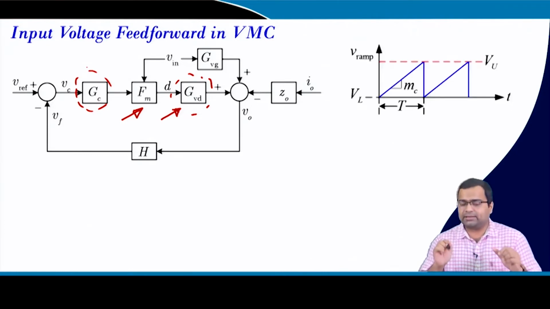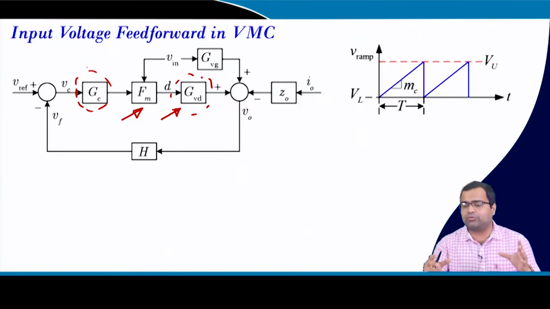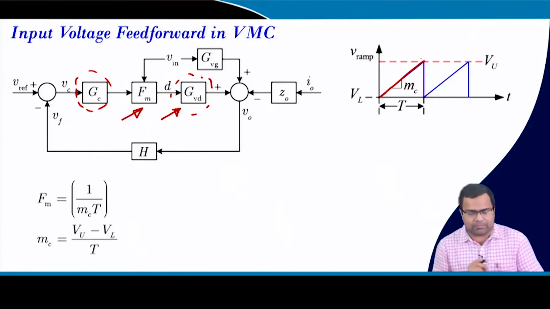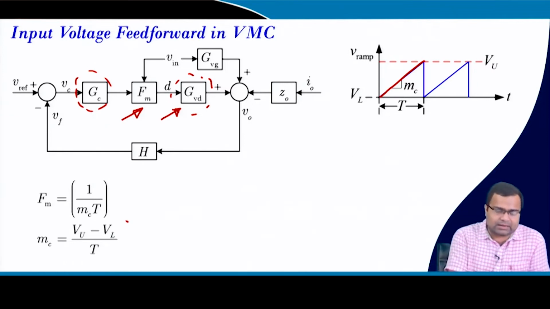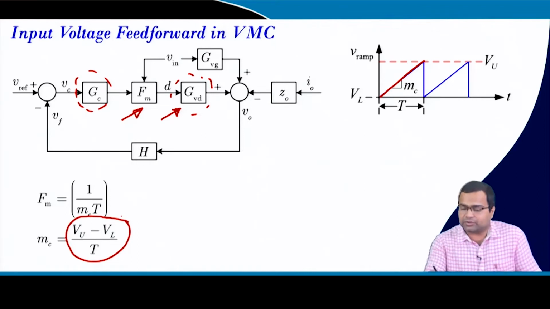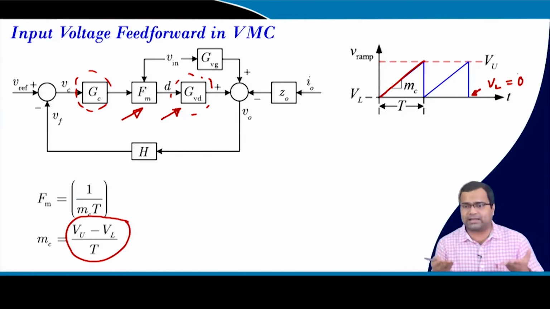Now, here in the voltage mode control we consider a sawtooth waveform where MC is the slope of this ramp. What is the slope of this ramp? It is nothing but the upper limit of voltage minus lower limit, divided by T. Here the lower limit we took VL equal to 0, but sometimes you can add some offset to keep it up or keep it down.